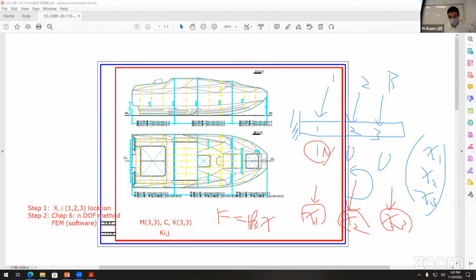We define KIJ, or sometimes we look at A is X over F, so the inverse of the spring constant is A, the flexibility. In our undefeated model, we told you about two approaches: stiffness influence coefficient and flexibility influence coefficient.